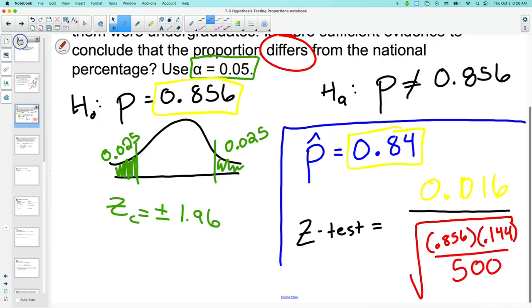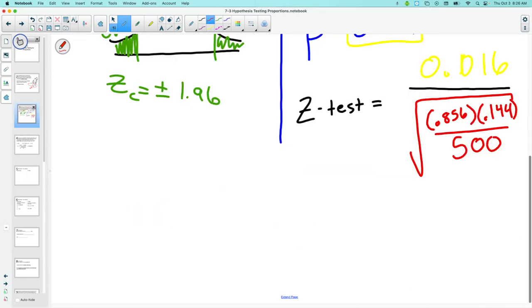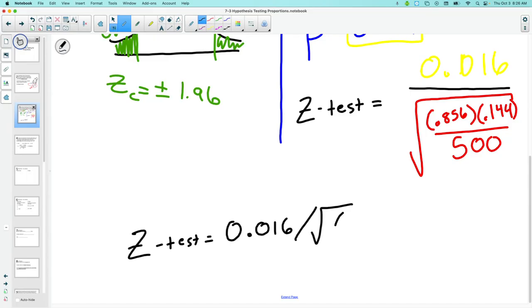And once I've got this set up and I take the time to write that down, then I can type this in my calculator. Depending upon your calculator, the one I use would look kind of like this. I'd want to make sure to put a parenthesis there. If it doesn't put one in, you'd want to make sure to do that.